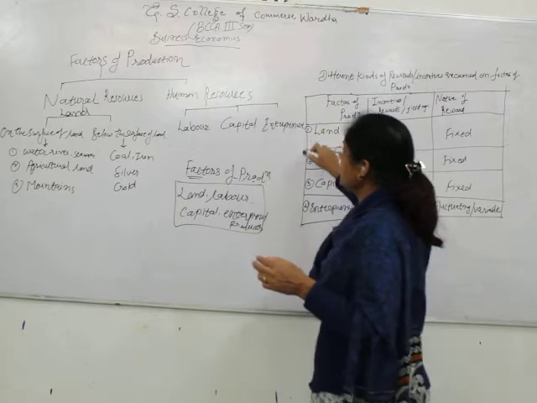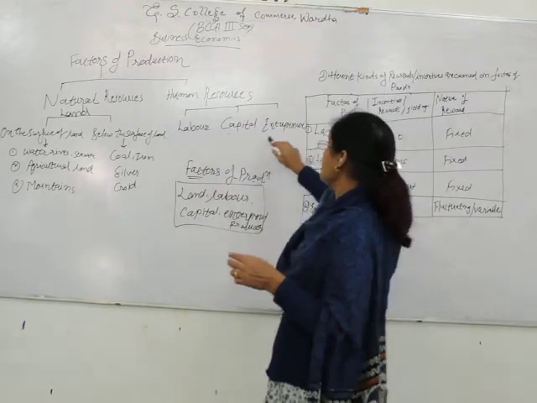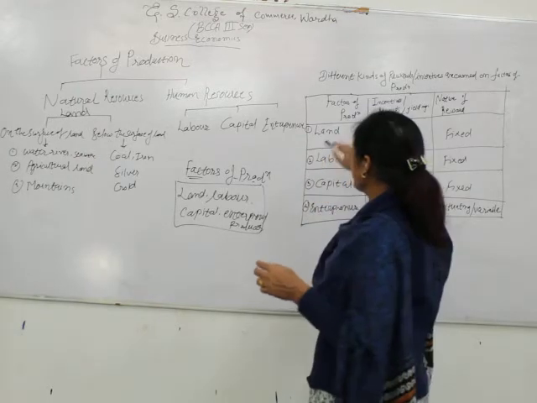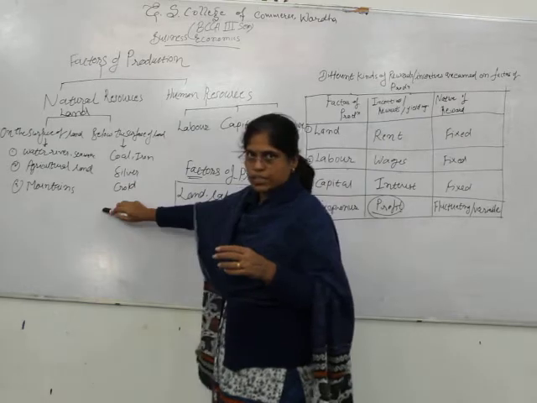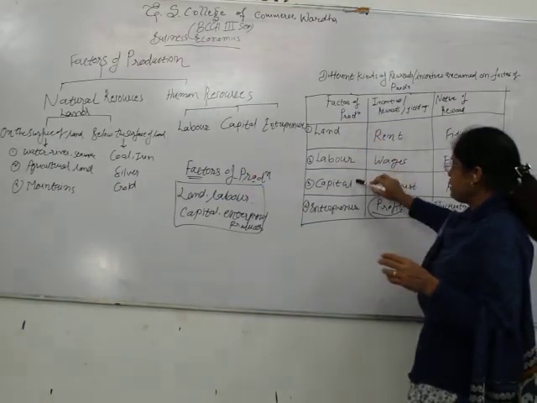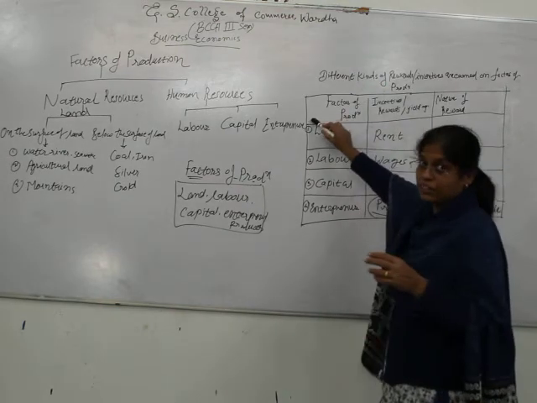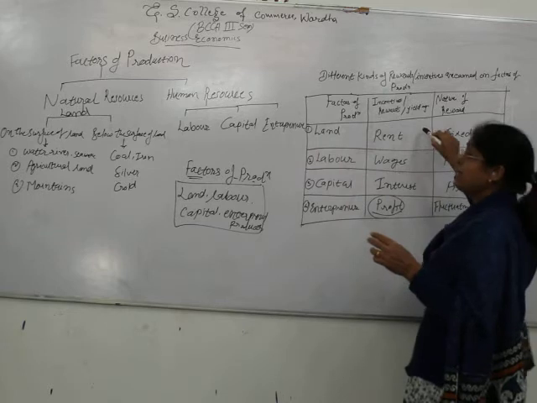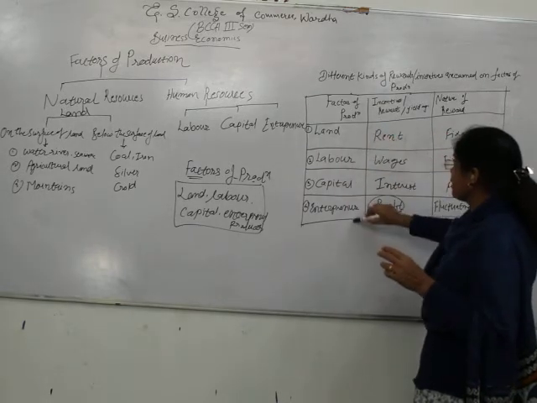And again we have seen the human resources. What are the human resources? Labor, capital and entrepreneur. So these four factors of production are divided in this way: land, labor, capital and entrepreneur. We have taken all these factors of production together here, along with the different kinds of rewards earned on them.